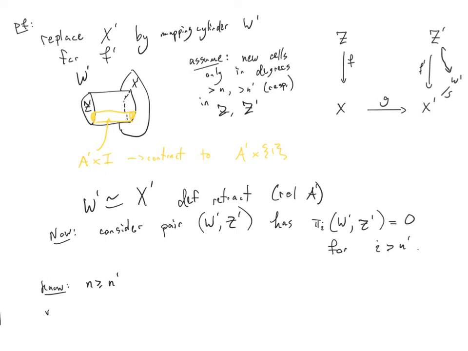So view the composite map, g of f, as landing in w prime, which is homotopy equivalent to x prime. And then we just have to ask ourselves, what did the requirements on the homotopy groups being 0 in this high degree tell us about extending maps? So let's scroll down a little bit.